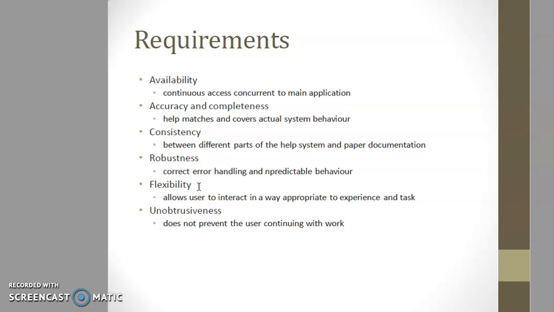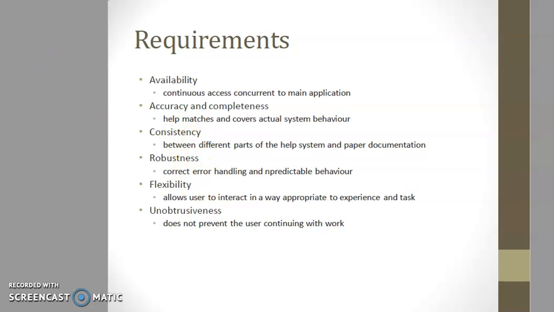The top level provides a map of the subjects covered by the help, and the user can get back to this level at any point. Although hypertext may not be appropriate for all help systems, the principle of flexible access is a useful one. So this is flexibility, a requirement of user support.